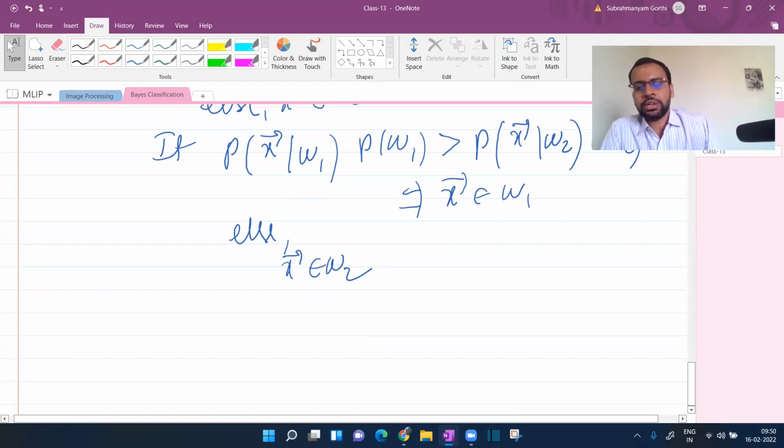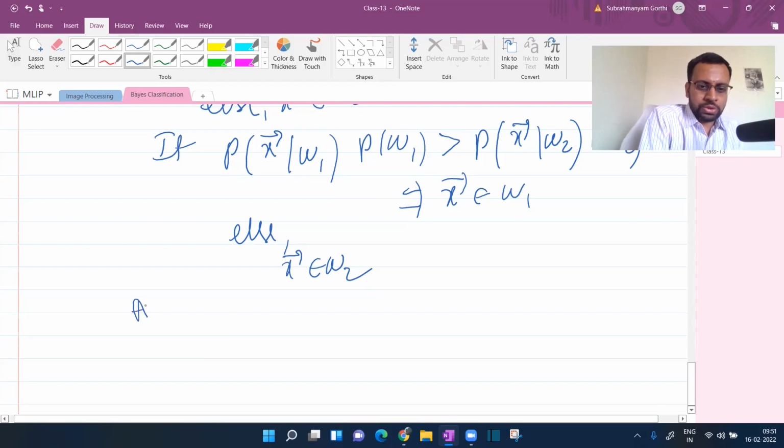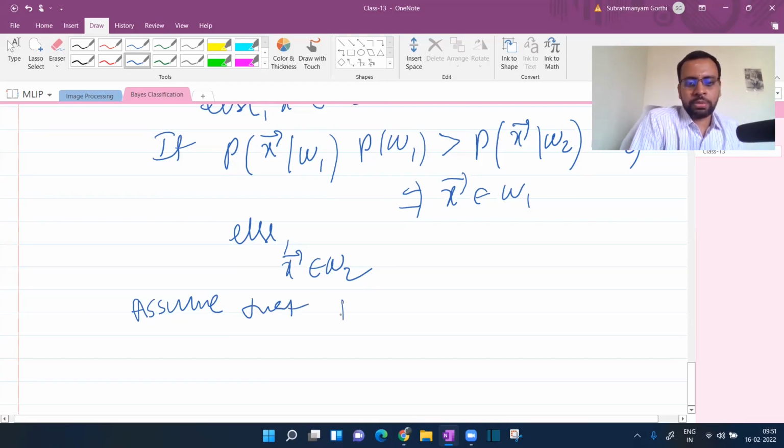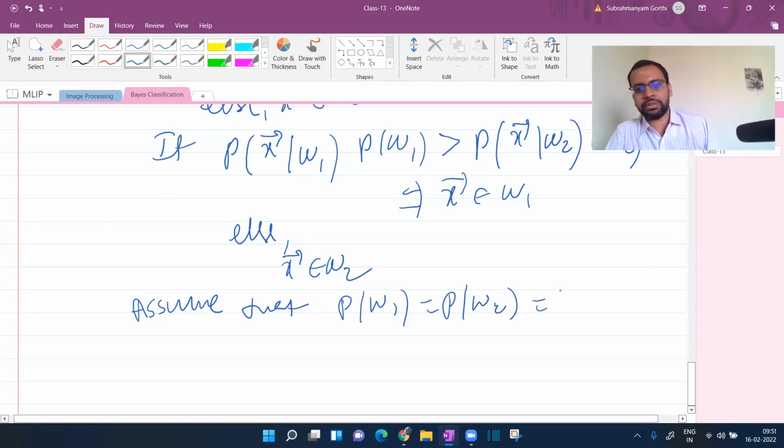That's also there. For the time being, we will later again bring this prior probability into the picture, but just for now, to get some inferences, let's assume that the probability of omega 1 equals the probability of omega 2, equal to what then, if they are equal?